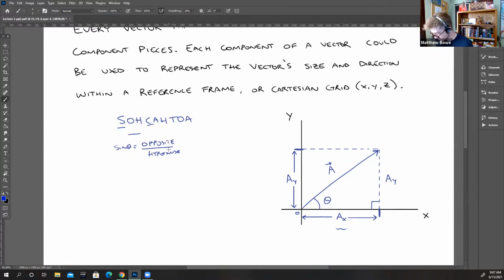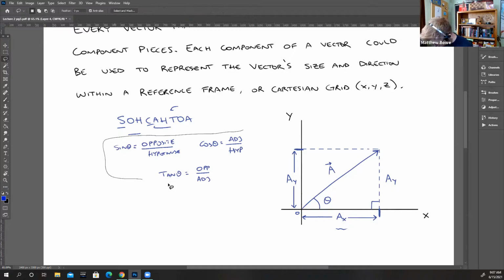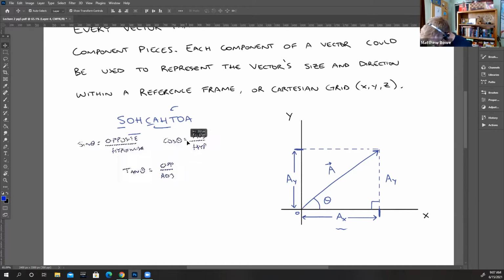This next one is cosine is the adjacent side over hypotenuse. Adjacent, so I'm just going to put ADJ. I'm running out of time for today. Over hypotenuse. And this T is tangent of the angle is equal to the opposite side over the adjacent side. Now, I'm doing this quickly.